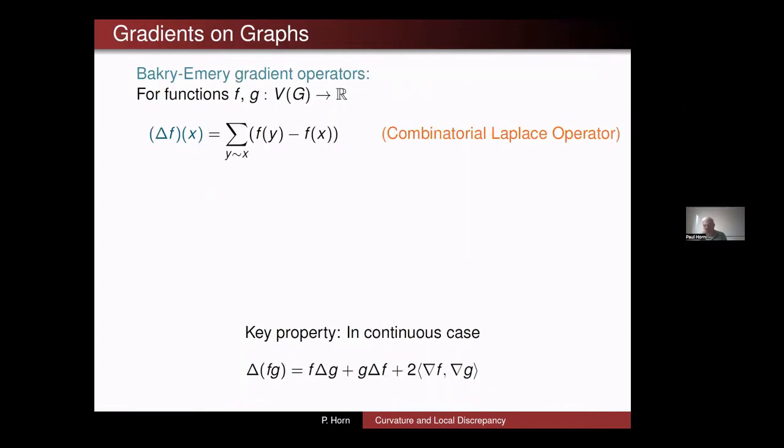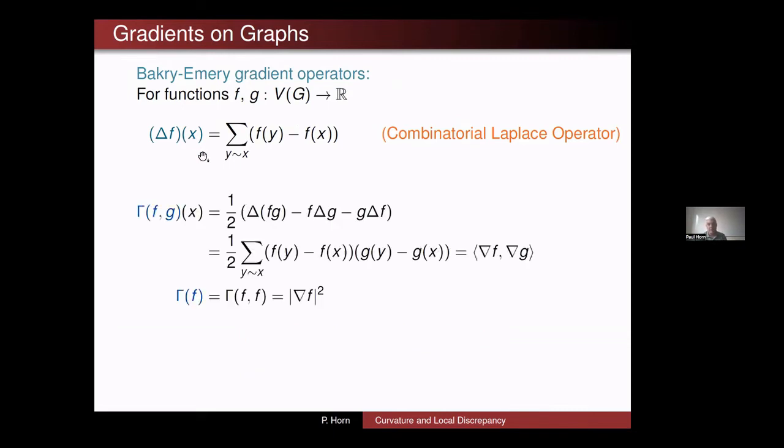All right, so let me give a little bit more background here. I'm going to be using just the standard combinatorial Laplace operator here. And for instance, this is how it acts on a vector looking at a point. And so one can then define the gradient, or at least the inner product of a gradient with itself, using essentially the product rule.